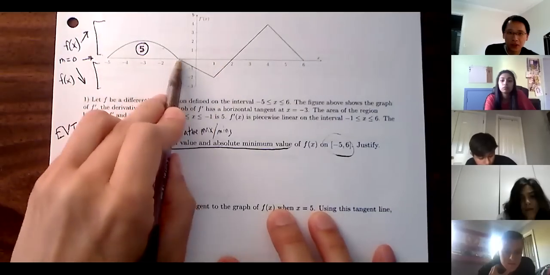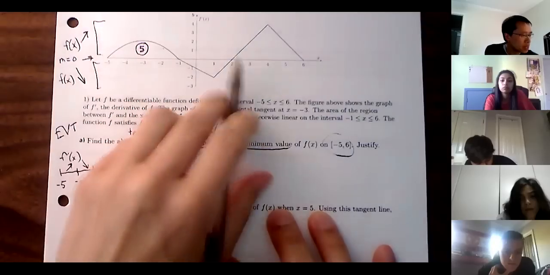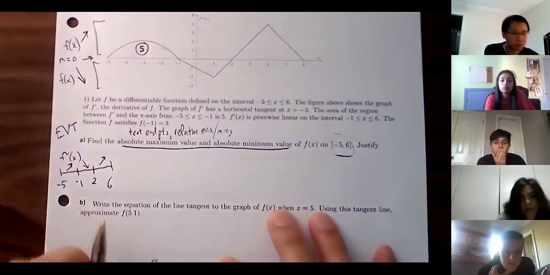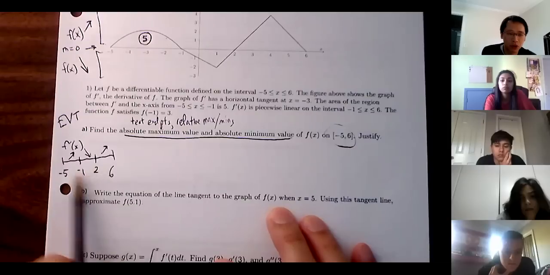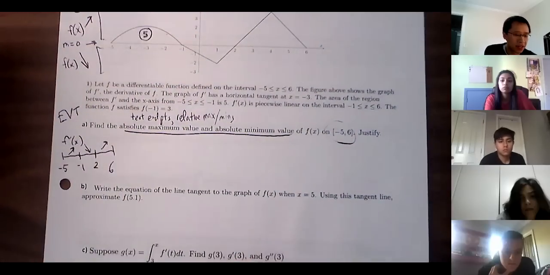All this is below the x-axis, so negative slope. And then from 2 to 6, positive slope. All right, so we see a relative max here, we see a relative min there, and these are both relative extrema, so we're going to test all 4 points. We're going to find f of -5, find f of -1, find f of 2, and find f of 6.